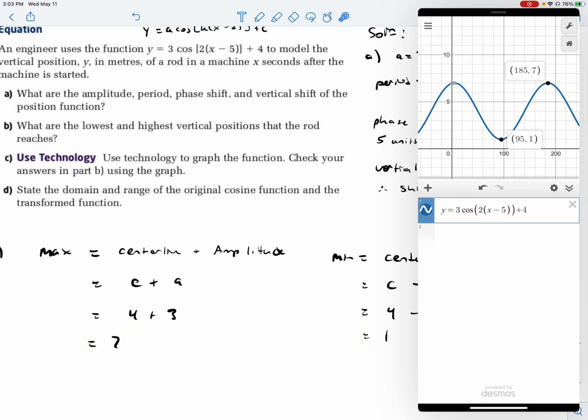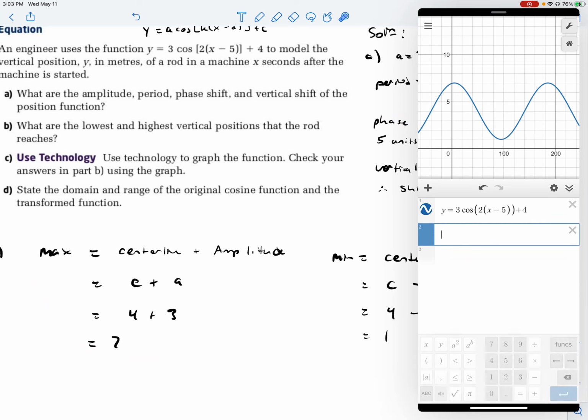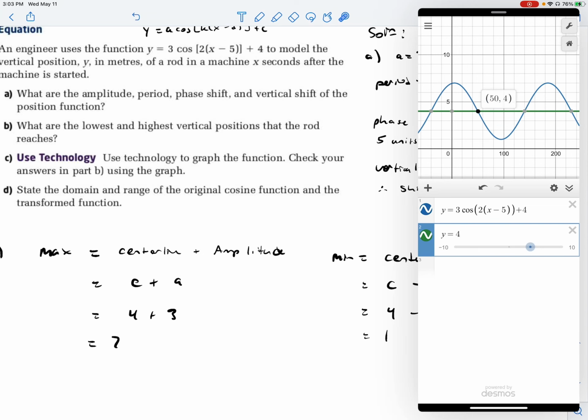And if you want to compare to the graph, my center line was at 4, and if I graph the line y equals 4, that shows my nice center line that cuts through the middle of the graph.